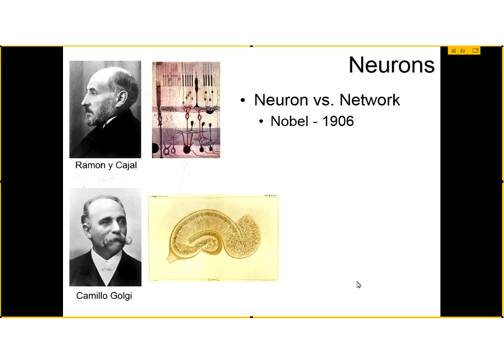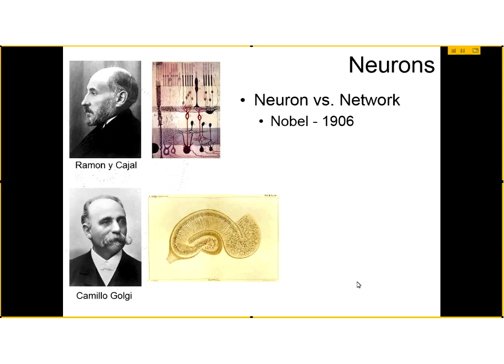Early on, there was some debate about what the fundamental unit of the central nervous system was. Raymond Cajal was a researcher that was interested in what are the units of the central nervous system, and he used microscopy and Golgi's stain technique.